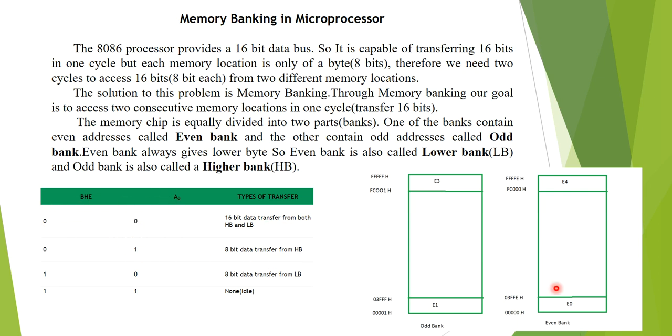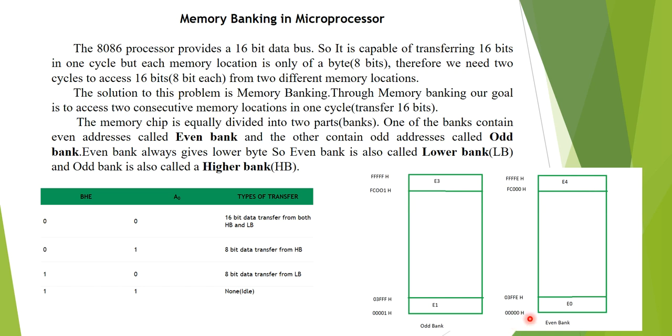A0 being 0 means we read the data from the even bank, and BHE bar being 0 means we read the data from the odd bank. So if both are 0, we read the data from the even bank and also from the odd bank.